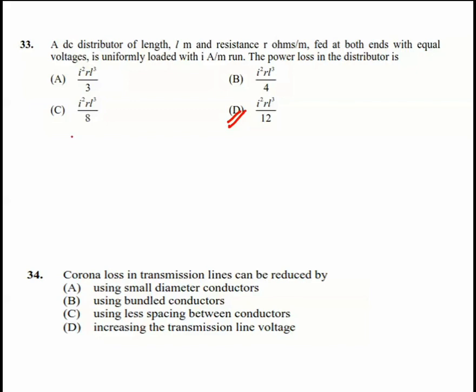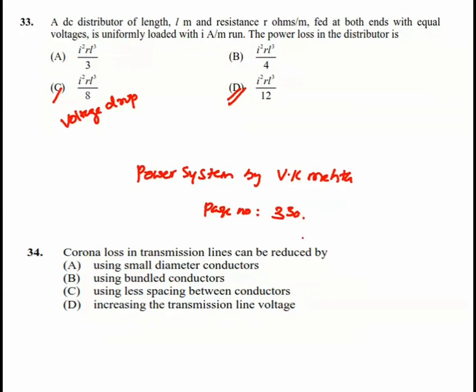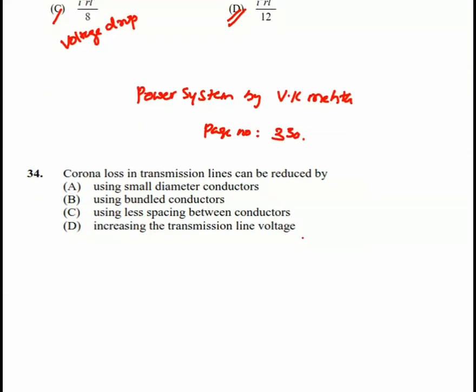If they ask for the voltage drop, that is another answer. You can go through this derivation in Power Systems book by VK Mehta, and the page number is 330.